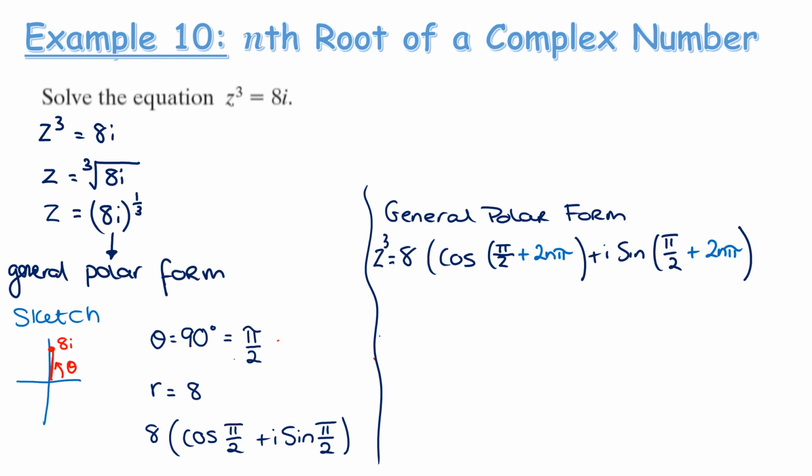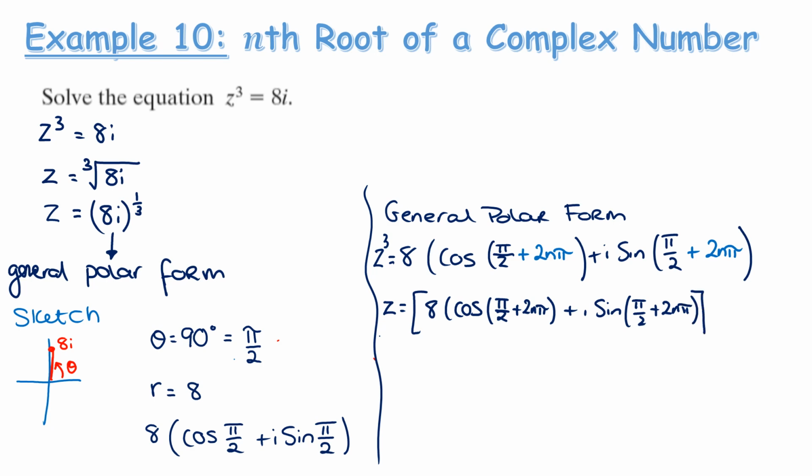And now we're going to work backwards like we have done. So we're going to say that z is equal to 8 cos of pi over 2 plus 2n pi, plus i sine pi over 2 plus 2n pi.